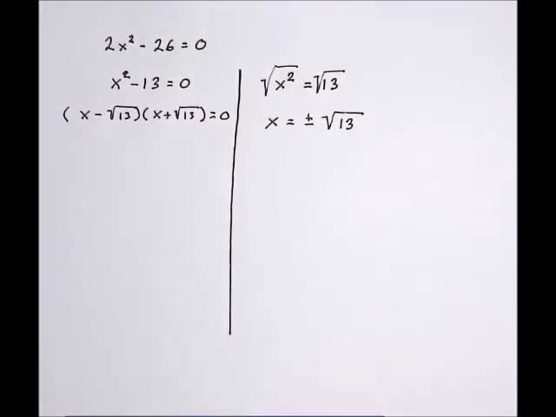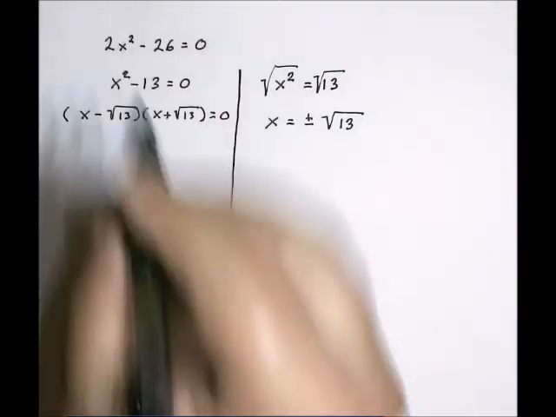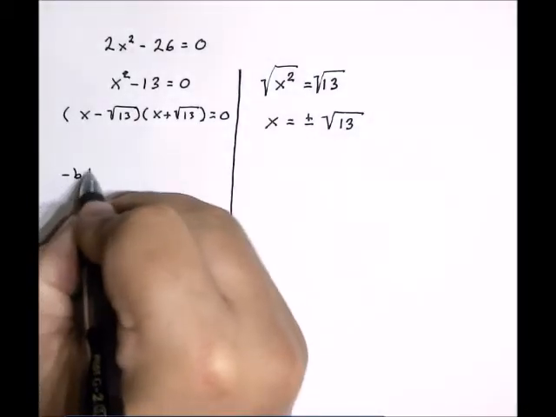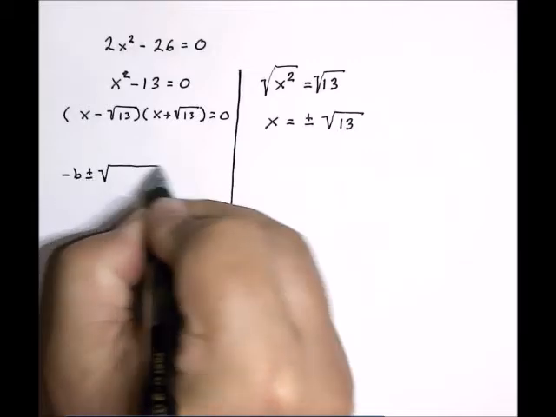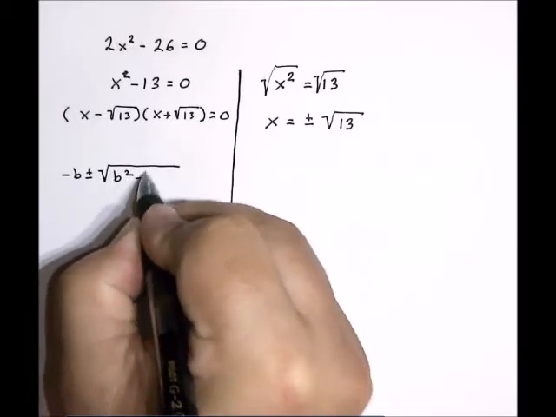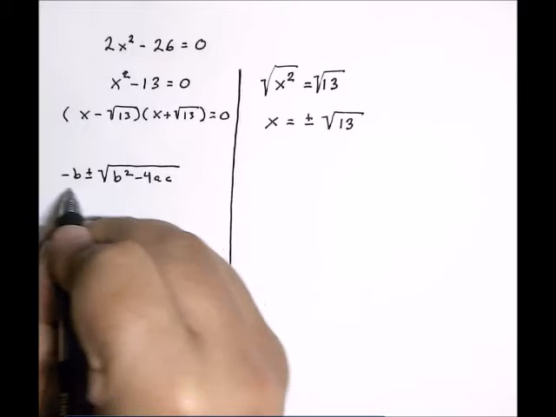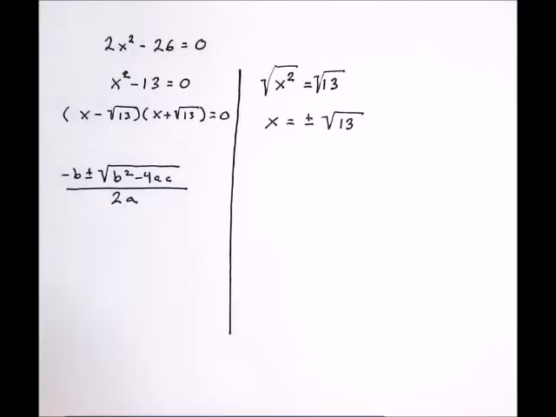And again, I get plus or minus radical 13. The third way, of course, is the quadratic formula.